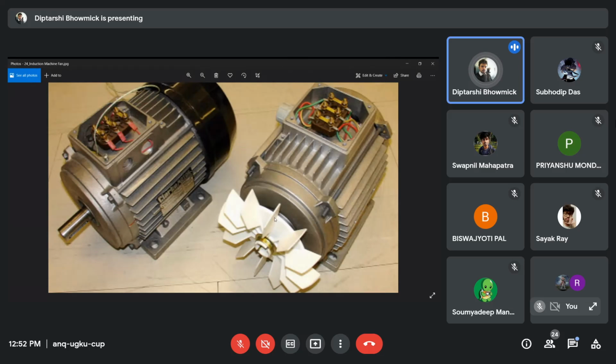Now, if we tilt the blades in a particular direction to give the wind a particular direction, then what will happen? Let us consider that when the machine rotates in the clockwise direction, the wind flows inside the machine and cools it.